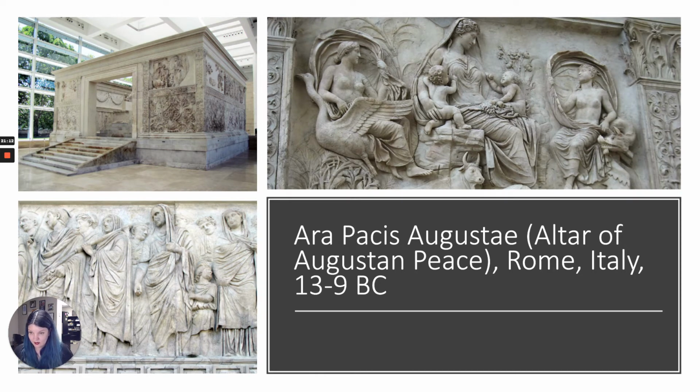By having that as the subject of one of the facades of this altar, Augustus is highlighting his connection to Aeneas, as he was supposedly the founder of the Julian line. So again, he's like Julius Caesar's great-great-great-great-grandfather, basically, and Caesar was Augustus's adopted dad, so he's trying to solidify that connection.